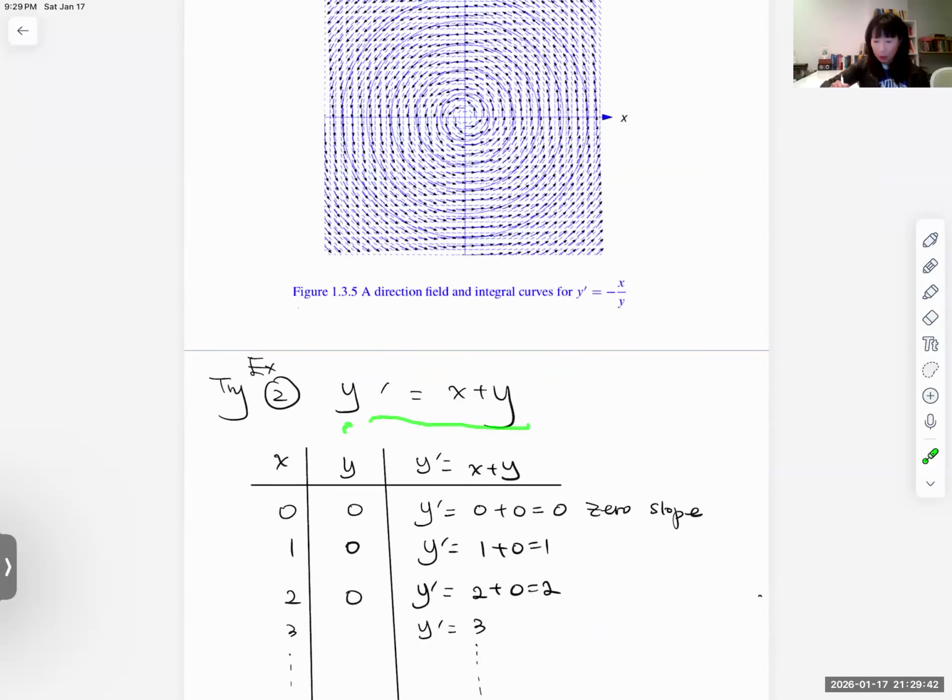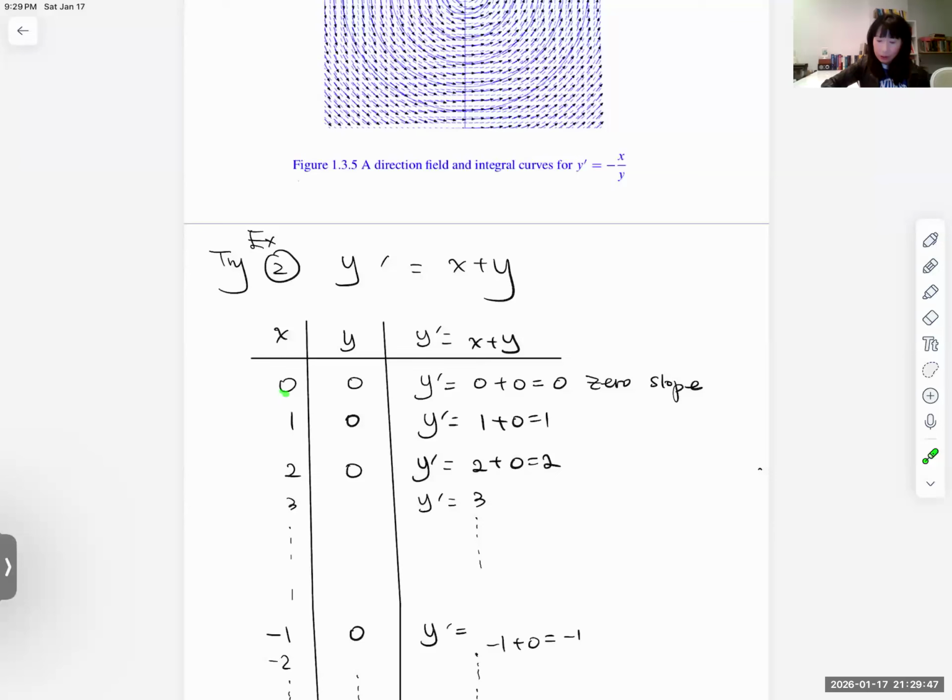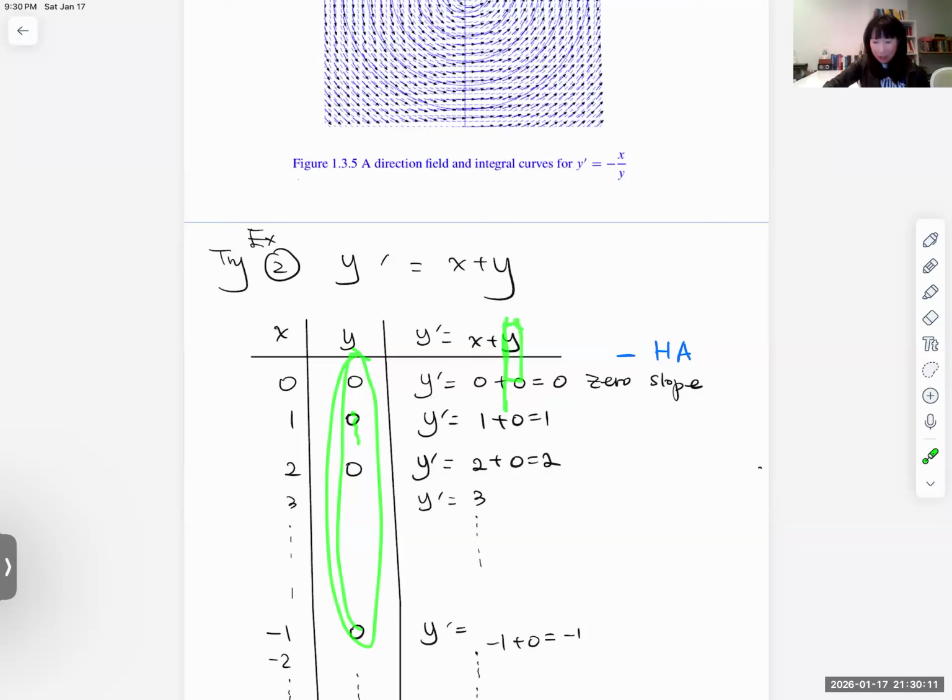y prime equal to x plus y, right? All right. So when x equal to 0 and y equal to 0, it is 0 slope. We plug in, right? 0 slope. So it's a horizontal line. Let me denote that horizontal line, and I denote all the zeros there, right? If y equals 0, then we follow the slope from the x values, so 1, 2, 3.